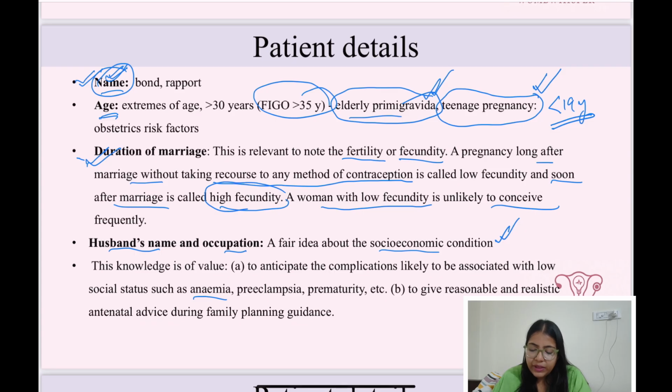So all these may cost money, everything cannot be free in government settings. So socio-economic background is important, also to give reasonable and realistic antenatal advice during family planning guidance. Okay.